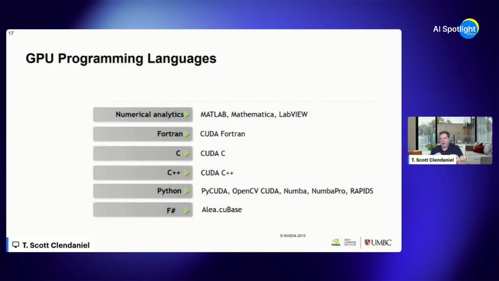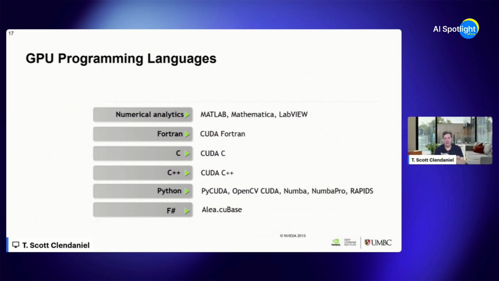All right, so how do we actually get this stuff to work? Great, I've got an algorithm. What I'm actually going to use in terms of programming these GPUs we just talked about, and I'm not going to read all these to you because you can read perfectly well, but if you look through this, you get an idea of how to convert existing programming languages to this new frontier of GPUs, or graphical processing units.